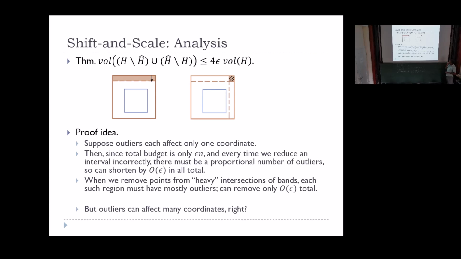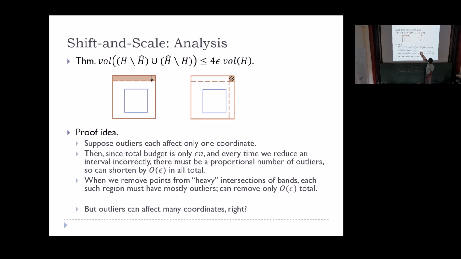And here's the proof idea. Suppose for a second that the outliers affect only one coordinate each. This is a completely unrealistic assumption. Outliers, meaning the noise, either a point that was moved or a point that was added, affect only one coordinate. Then the total number of bad points is epsilon n.